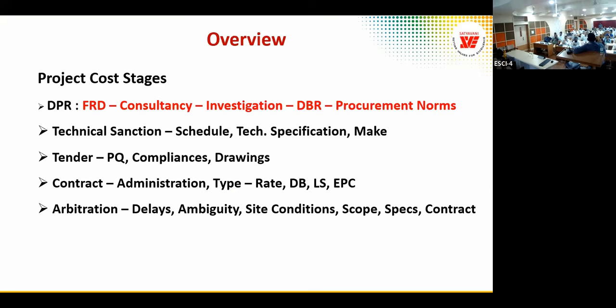So if we don't freeze procurement norms at the DPR stage, and whatever is defined in the DPR, the approving agency of the administrative sanction should insist on all these things and lock them. And there should not be any variation after that.